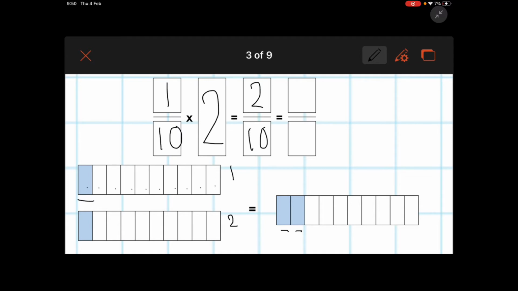And if I go ahead and simplify 2/10, I know that the largest number they can both be divided by is 2. 2 divided by 2 is 1, and 10 divided by 2 is 5. So 1/10 multiplied by 2 equals 2/10, which is simplified to 1/5.